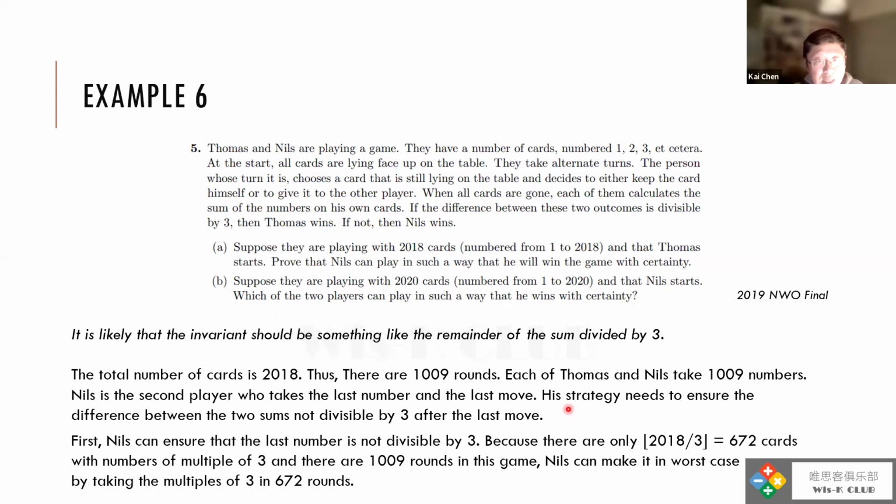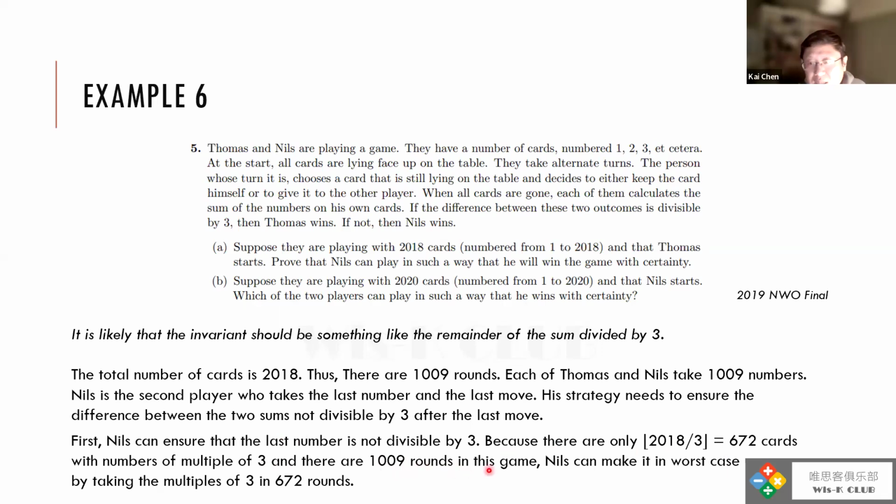So the strategy for Niels is to try to keep the last card not a multiple of 3. Niels can do this because he can select all the multiples of 3 before the last round. There are 672 cards which are multiples of 3, so Niels' strategy is to always take the multiples of 3 first, since the total number of rounds is 1,009.